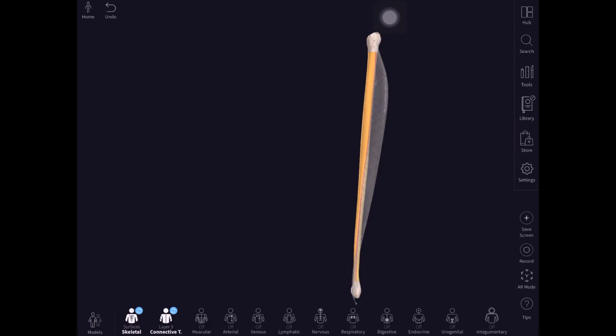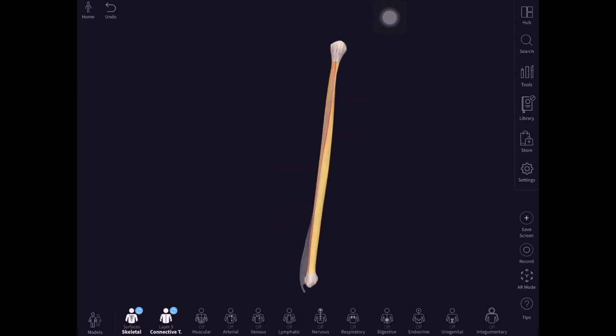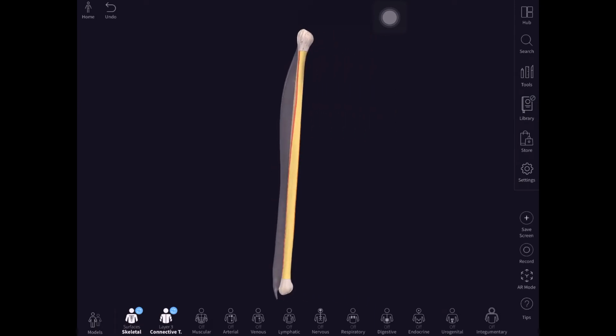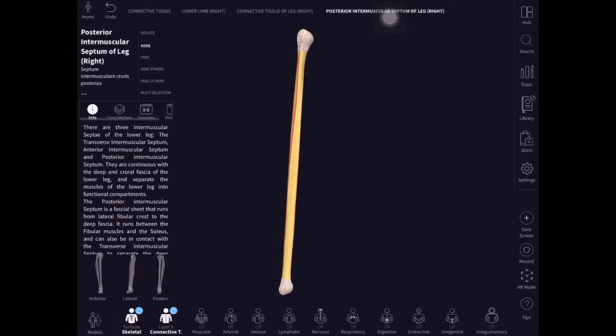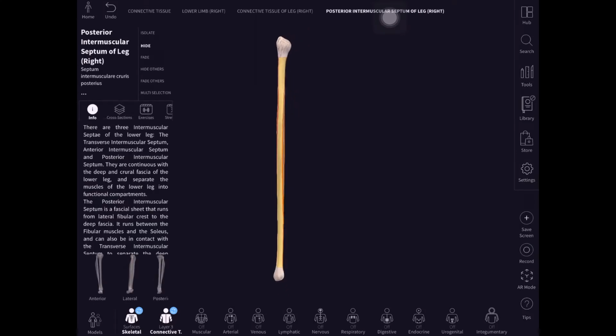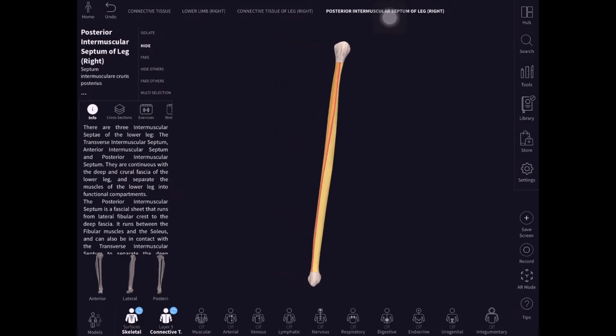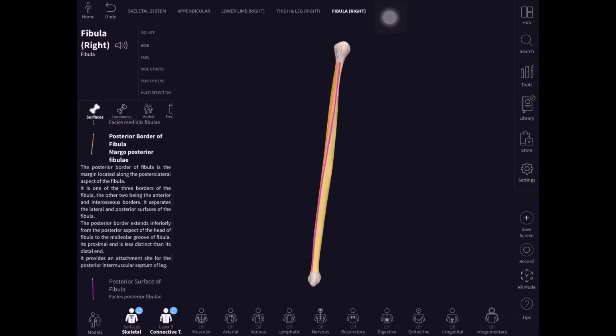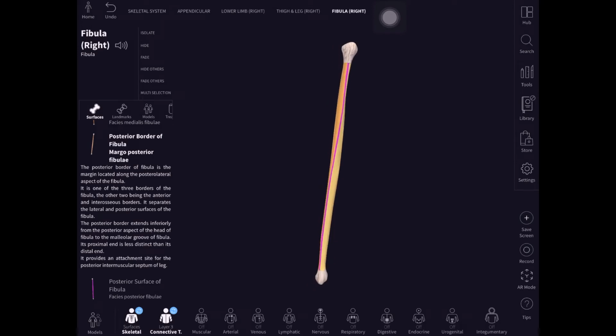So this one is posterior. What I will do is first show you the posterior border in anatomical position. This was the anterior border. Right opposite, if I go totally backward, this is our posterior border, which is extending from the posterior surface of the head of the fibula all the way to the malleolar process.